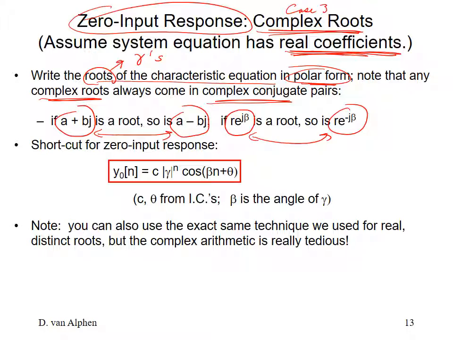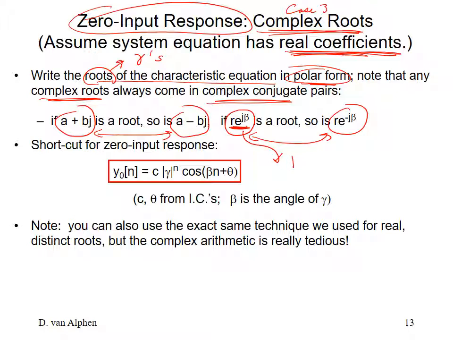So the rule is that the output y0 of n, the zero input response due to the initial conditions, is c times magnitude of gamma to the n times cosine of beta n plus theta. So notice that assumes that you've already got the roots in the complex conjugate form.